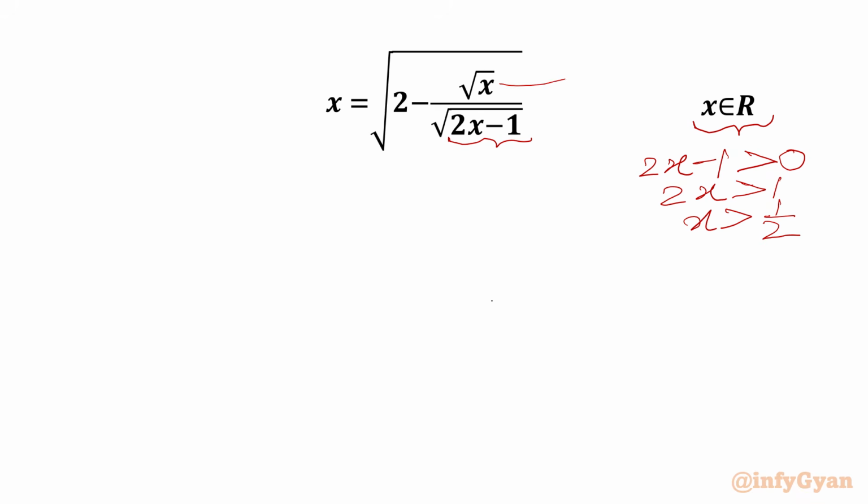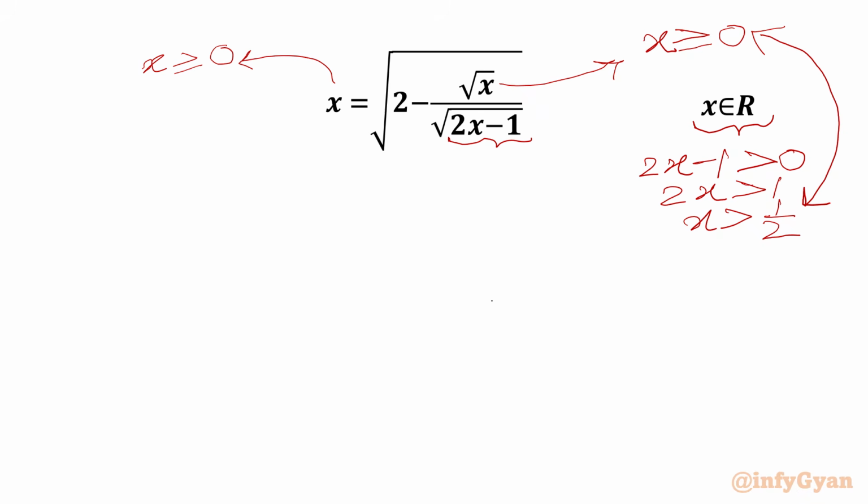Now we have square root x over here. So we'll be writing x must be non-negative, so x should be greater than or equal to 0. Now from left hand side, we can say x should be non-negative, greater than or equal to 0. So from the condition of RHS, we will take intersection of these two conditions.